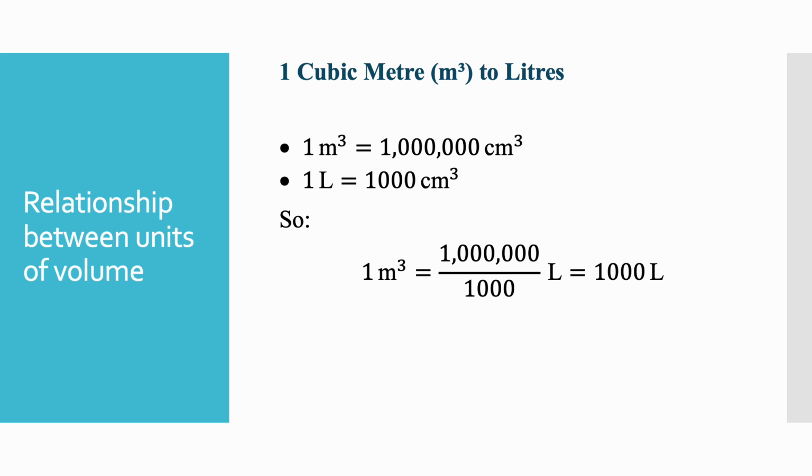So let's divide this. 1 meter cube is equal to 10 raised to 6 divided by 10 raised to 3. This gives us 1000 liters. This shows that a cubic meter is a very large unit. It can hold 1000 liters of liquid.